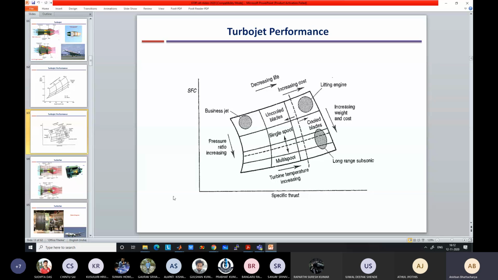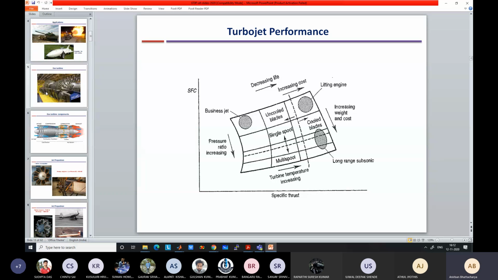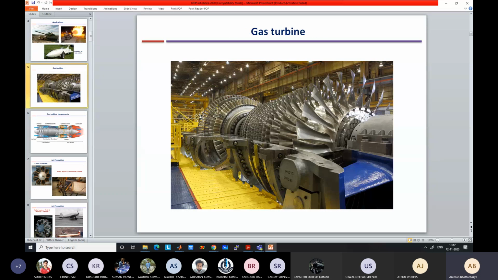what does this look like? I have shown you how a typical gas turbine looks. What will be the size of the blades for the first stage as compared to the last stage in a compressor? Will the first stage blades be longer or shorter?